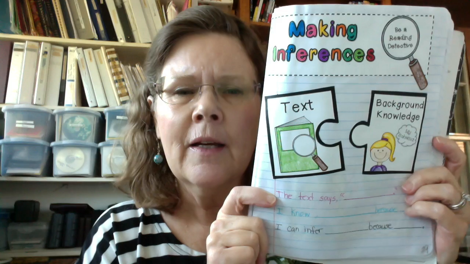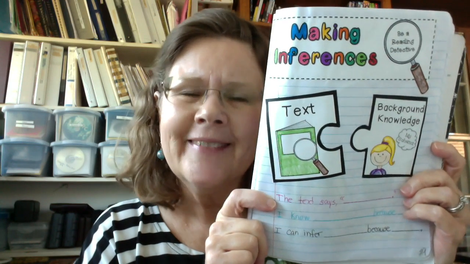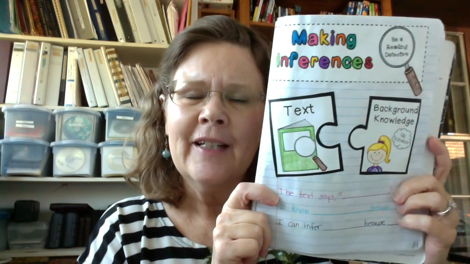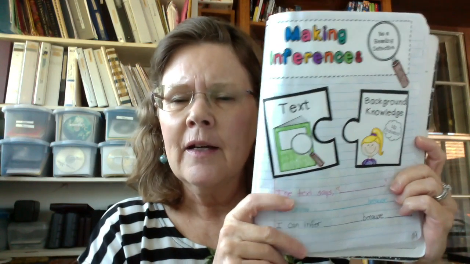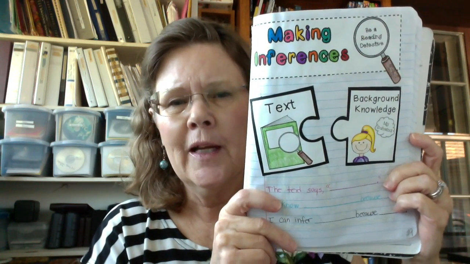And it's kind of an intuitive thing. Since you have lived life, since you've been around for many years, you know things that help you connect things in your reading. Okay, so that's what you're going to do on that tab. You're going to be working on that page.